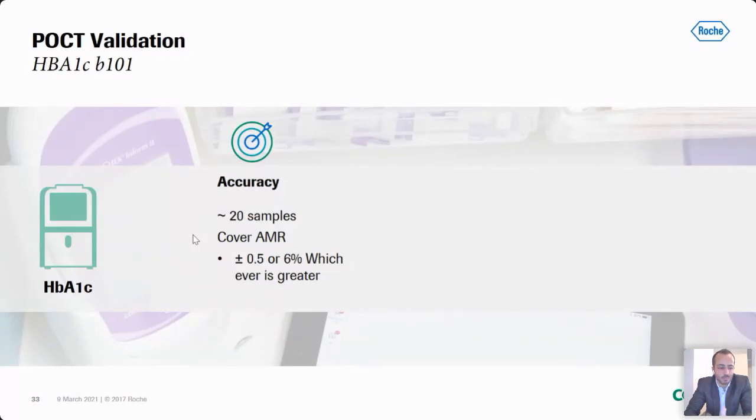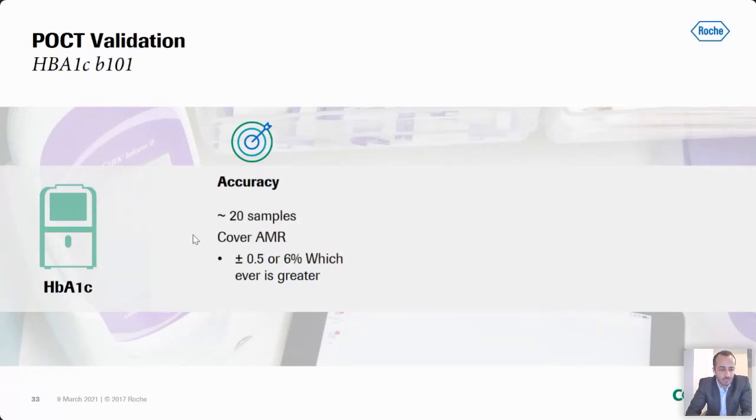Now, for hemoglobin A1C, we are taking advantage of the fact that most of the methods are standardized, especially with the National Glycohemoglobin Standardization Program and also the IFCC. So we can run our accuracy check with more confidence and in a smoother process, comparing our point of care device with our main lab and seeing that our results will correlate and as well will match because of this standardization.